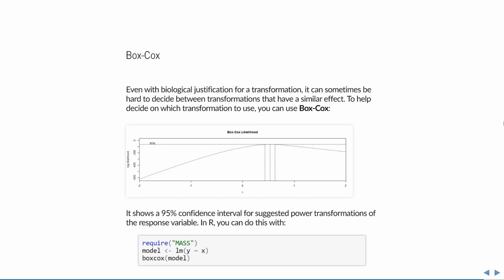What this does is it shows a 95% confidence interval plotted over here with a point estimate in the center, and everything that falls within this confidence interval is a viable transformation of the response variable. Now, this is a package that comes pre-installed with R, so you can simply do require MASS, and then do a model that has a problem that you want to transform, and then do boxcox of this model, and you will get this plot.